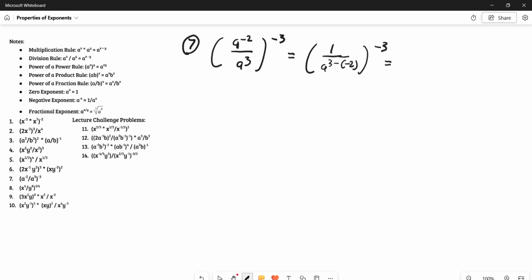So this is just going to be 1 over a to the power 5, because 3 minus negative 2 is 5, and all that to the power negative 3. Now this is basically 1 to the power negative 3 over a to the 5 times negative 3, which is 1 over a to the power negative 15, which is a to the 15.